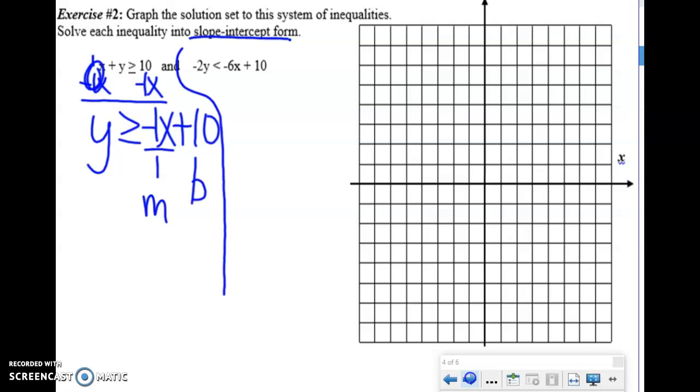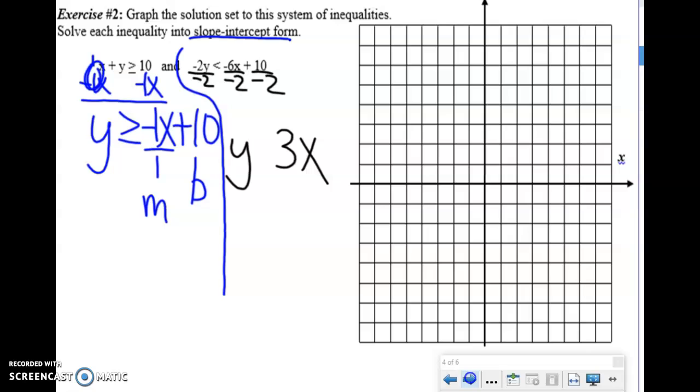Other side of this, it's negative 2y less than negative 6x plus 10. So this time I'm going to have to undo the multiplication with division. So instead of adding or subtracting, I would divide by negative 2. That would give me y. Simplify when we can. Does 2 go into 6 nicely? Yes, it does. A negative divided by a negative is a positive, so simply 3x.